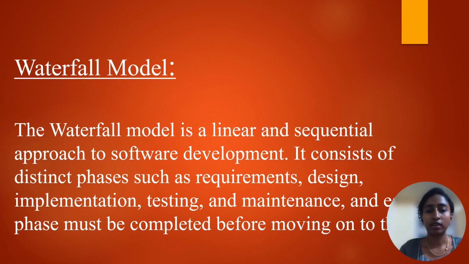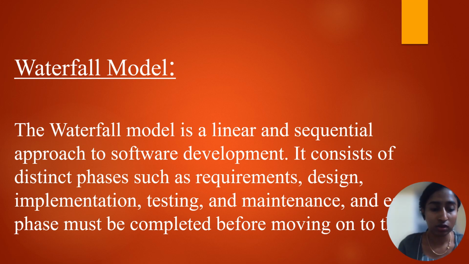A waterfall model is a linear and sequential approach to software development. It consists of distinct phases such as requirements, design, implementation, testing, and maintenance, and each phase must be completed before moving on to the specific next stage.